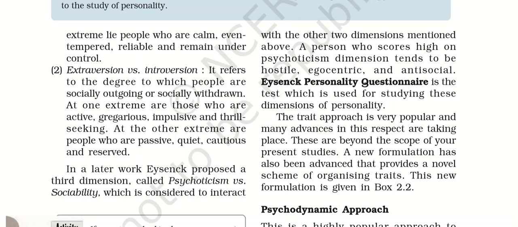A person who scores high on the psychoticism dimension tends to be hostile, egocentric, and antisocial. The Eysenck Personality Questionnaire is a test which is used for studying these dimensions.